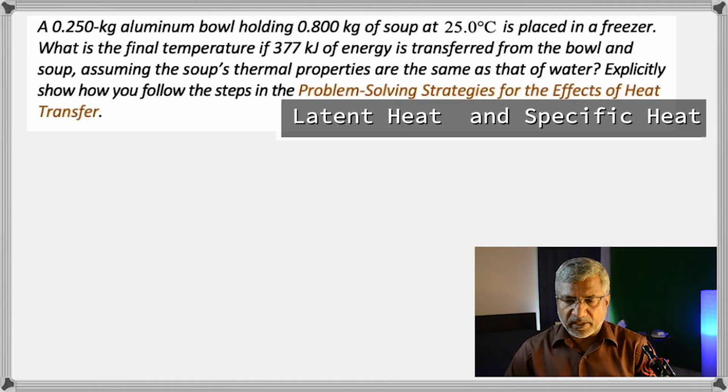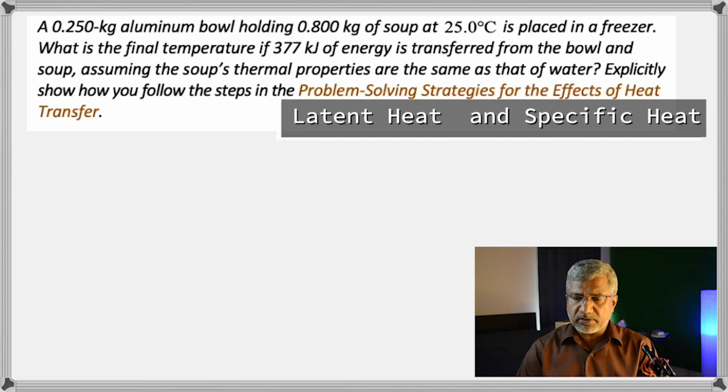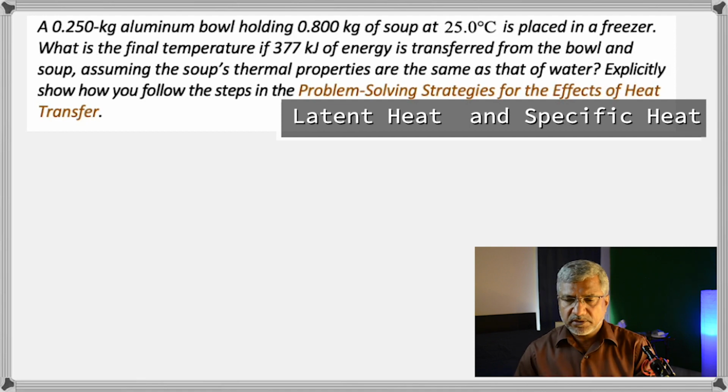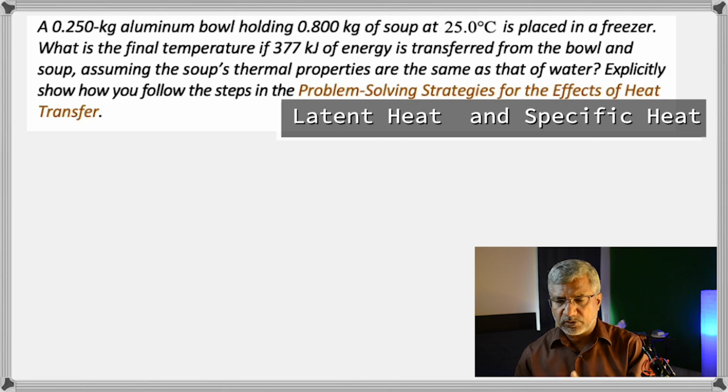So we have number 5 here. A 0.250 kilogram aluminum bowl holding 0.8 kilogram of soup at 25 degrees Celsius is placed in a freezer. Okay, there's a certain amount of soup in an aluminum bowl kept in a freezer. What is the final temperature if 377 kilojoules of energy is transferred from the bowl and soup, assuming the soup's thermal properties are the same as that of water?